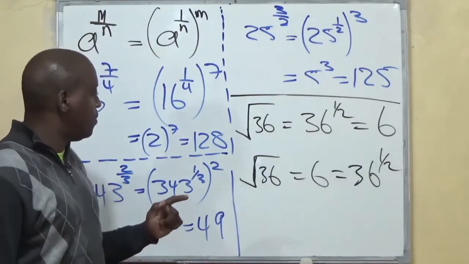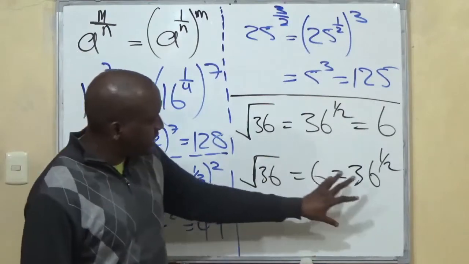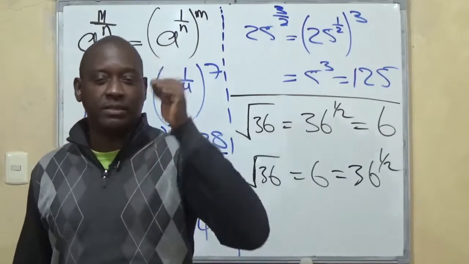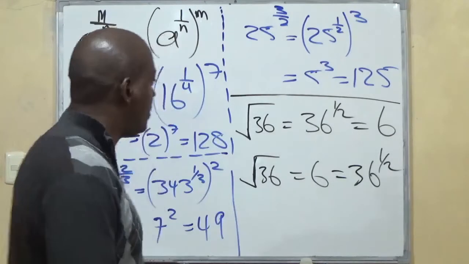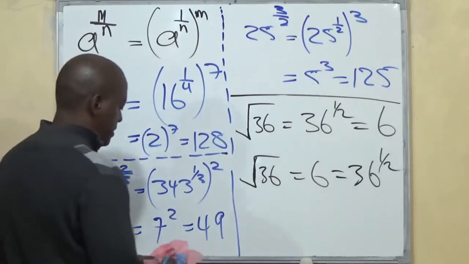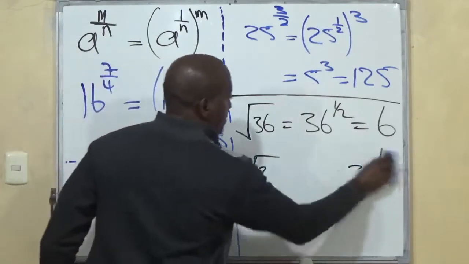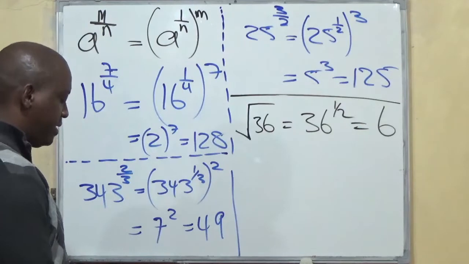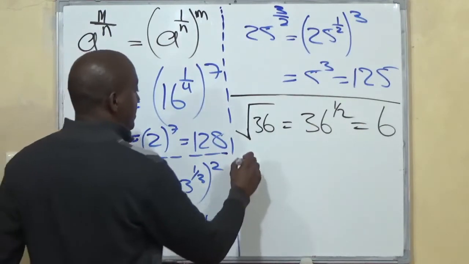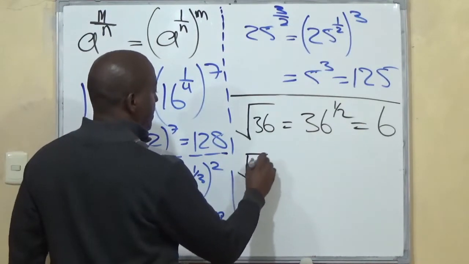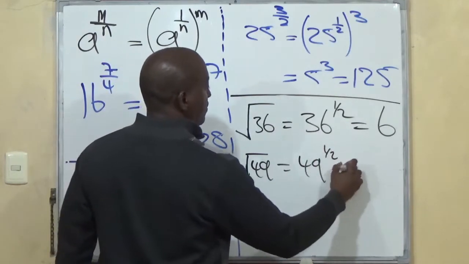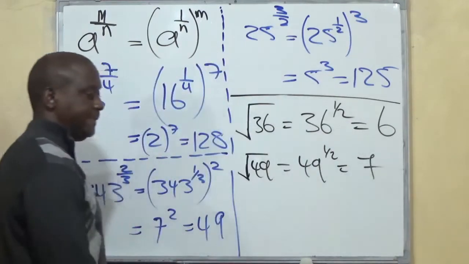Right? So using the index form to express your square root, you then know that you could say with confidence, and the confidence is built by practice, that the square root of 49 is the same thing as 49 to the power of a half, which is equal to 7.